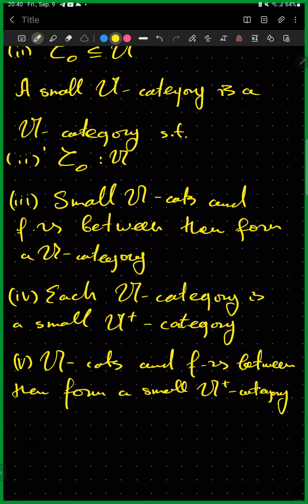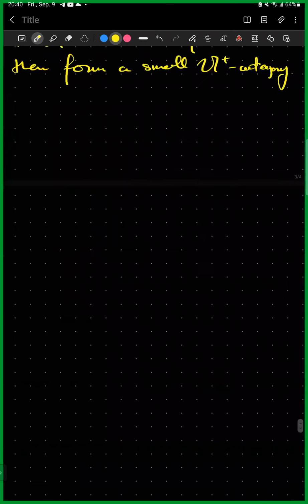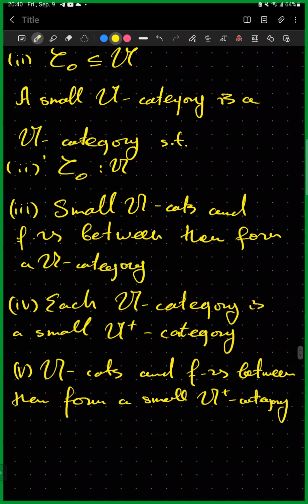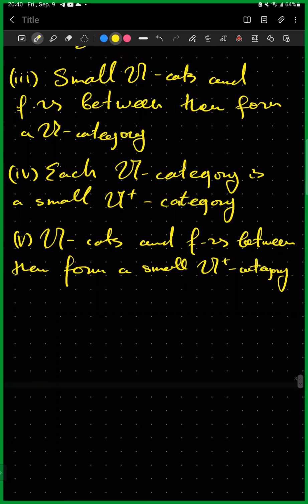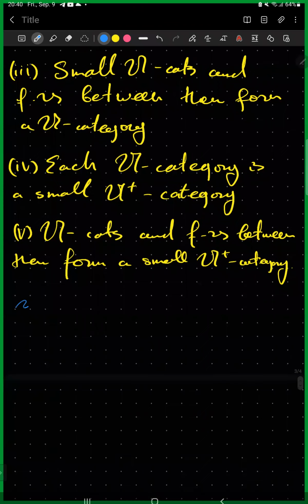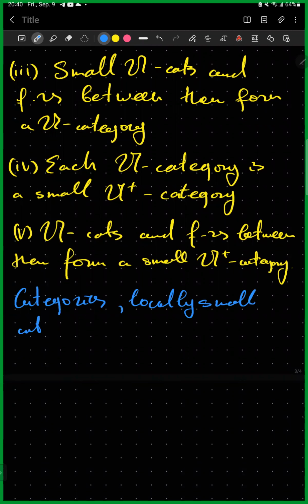Okay, so now we can discuss what we mean when we say small categories, locally small categories, and just categories. We've introduced this notion of U category, and in this context, we redefine the usual notions of small and locally small categories to fit this description of smallness relative to a universe.